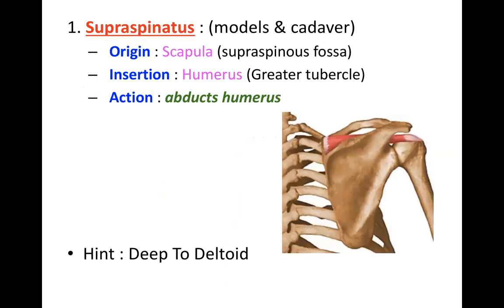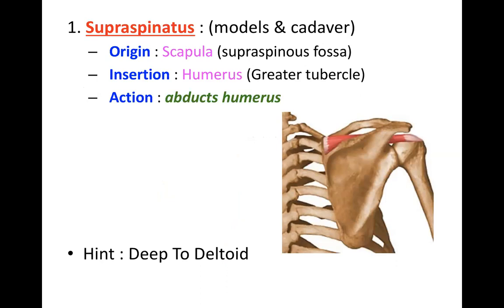All right, so we'll start with supraspinatus. This muscle, I think, probably is one of the easier ones to remember because the name tells you exactly where the muscle is located. It's very linear. It's a very straight muscle in the sense of its origin and insertion. It's originating in the supraspinous fossa on the scapula, and it's inserting onto the greater tubercle of the humerus.